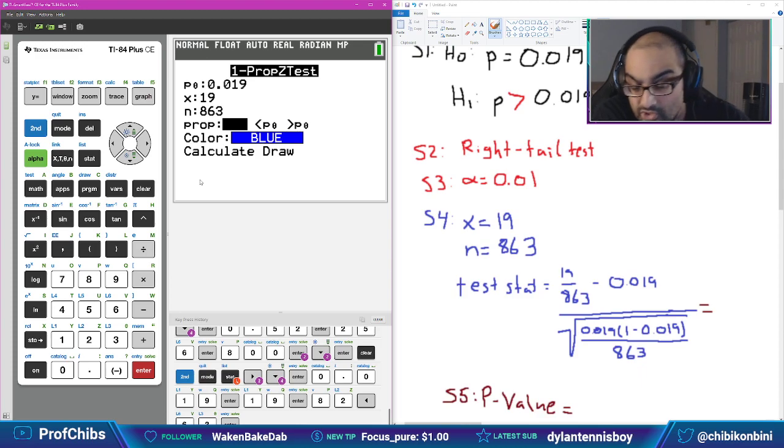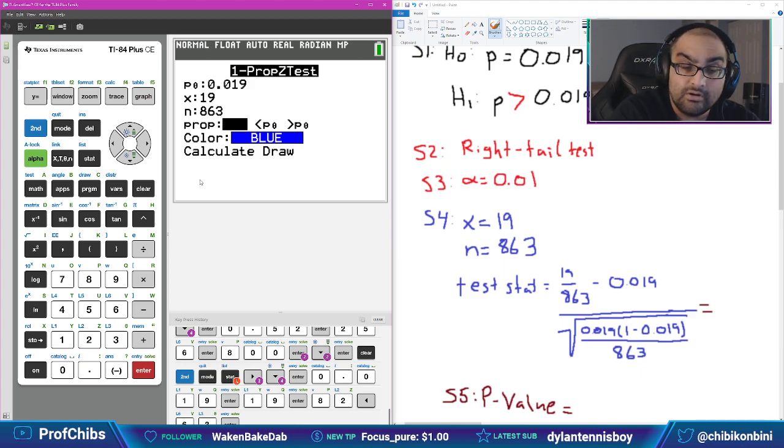In step number 2, we identified the type of test as a right-tail test. This is very important because you need to tell the calculator what type of test you're doing, and the calculator has it written in a particular order: not equal to p0, less than p0, bigger than p0.